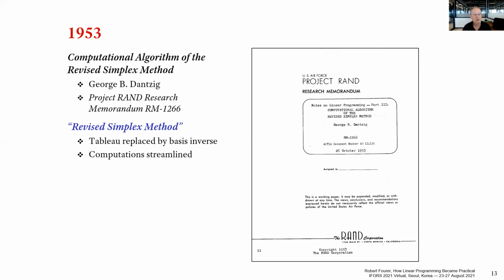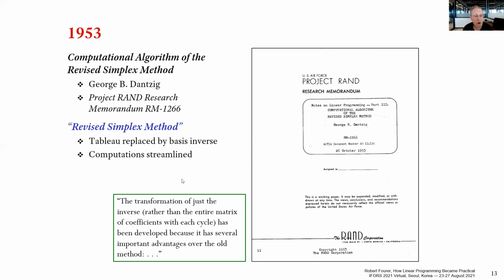And here was the first example of coming up with a different version of the method that would seem more practical. In this method, the tableau table is replaced by just the basis inverse. So instead of having, as I said, like a 101 by 301 table, you'd have only a 100 by 100 table. And the computations were streamlined in consideration of this.